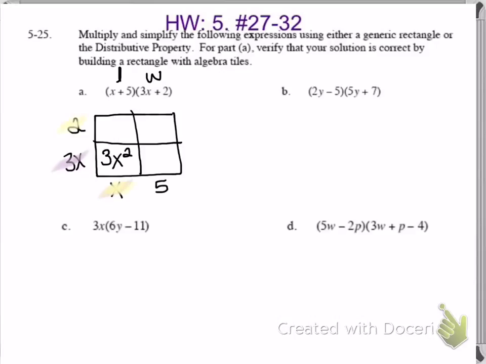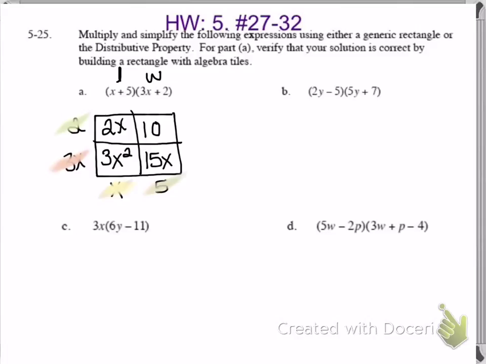And that's going to give me 2x. Following that, I'm going to take the 3x and multiply it by the 5. That's going to give me 15x. And then lastly, I'm going to take the 2 times the 5, and that's going to give me 10.